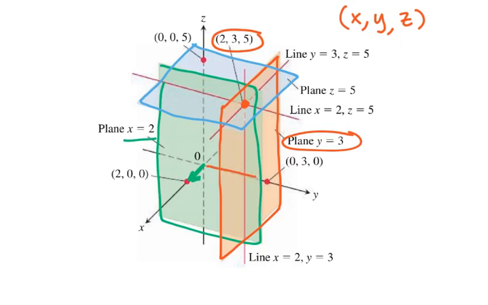My y plane has moved out 3 units from the origin, and my z plane has moved up 5 units from the origin. And so that ordered triple is the solution where all of those planes are intersecting.